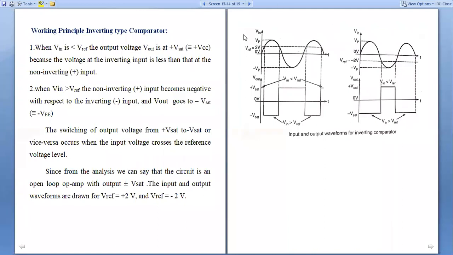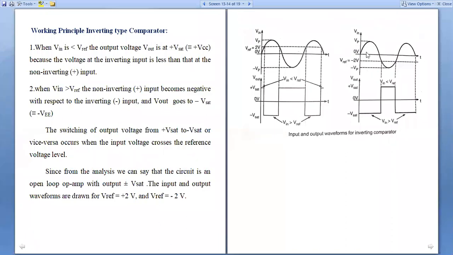So from this analysis we can say that the circuit is an open loop operational amplifier and the output is plus or minus Vsat. In certain conditions the output is positive Vsat, and in certain conditions the output is negative Vsat.